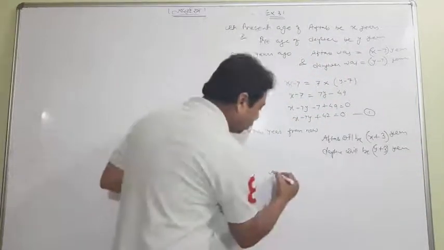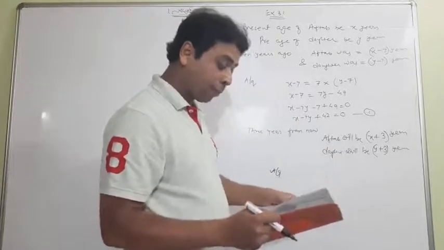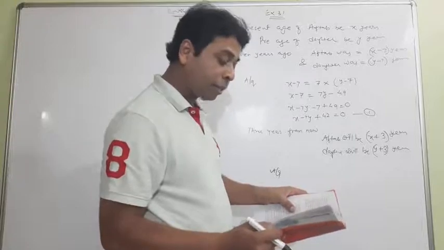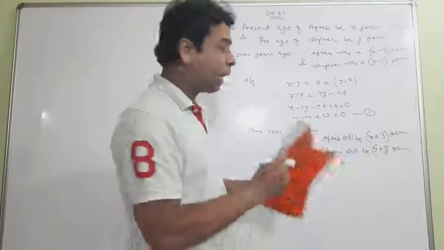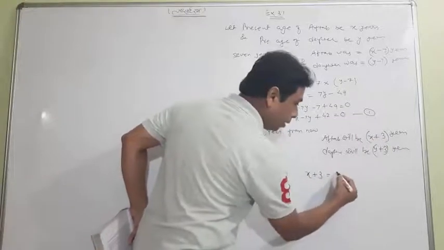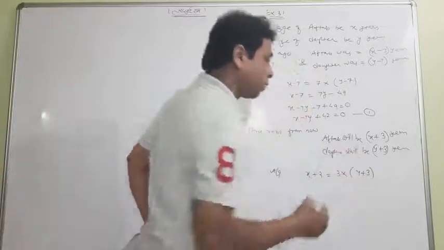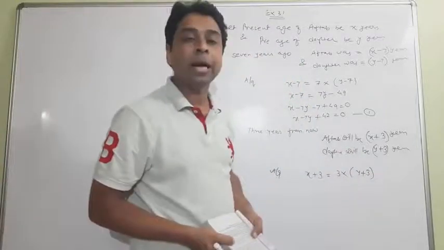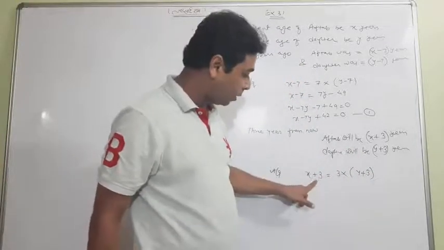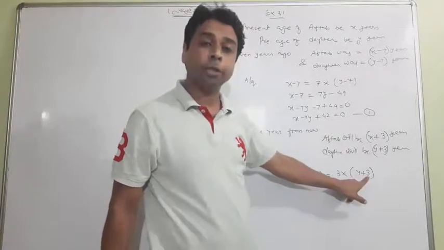Now according to the question, Aftab says again, I shall be 3 times as old as you will be. Aftab says I shall be 3 times your age.